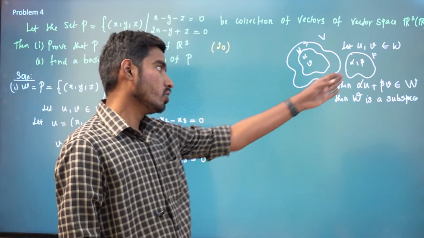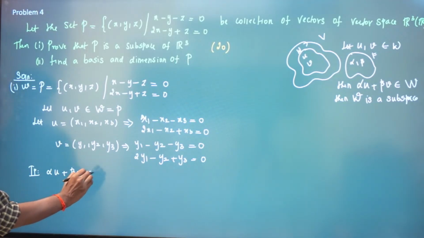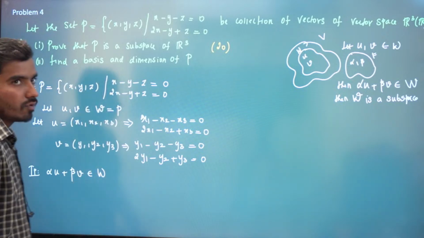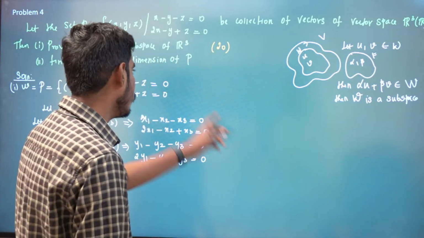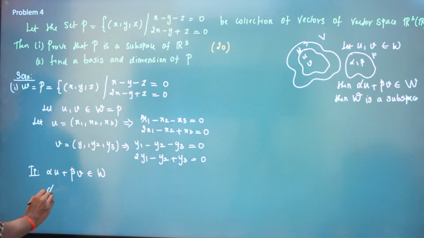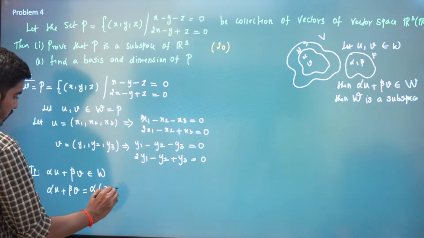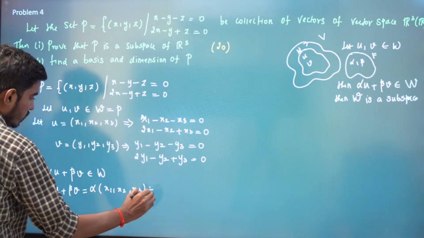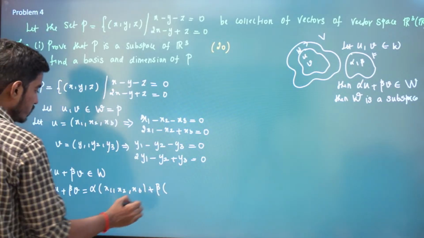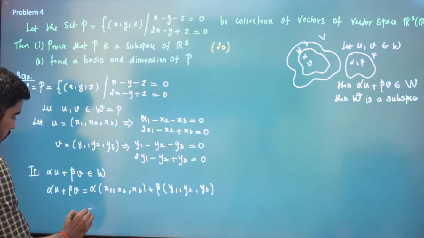Now what do I need to prove? Alpha u plus beta v is also in W. That means alpha u plus beta v also satisfies these two equations. Now what is alpha u plus beta v? Alpha times x1, x2, x3 plus beta times y1, y2, y3.